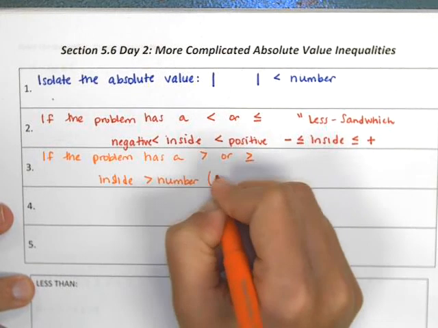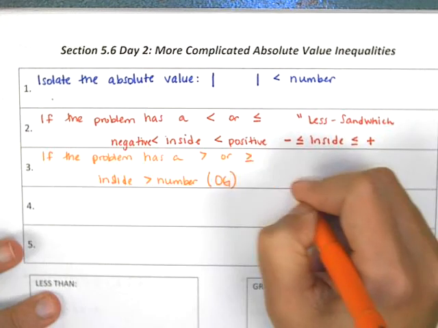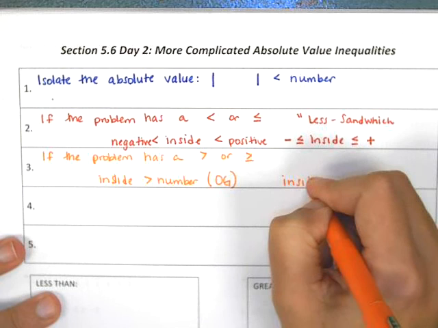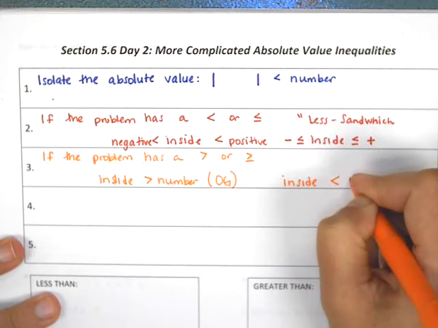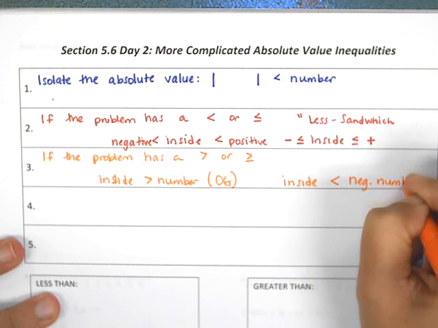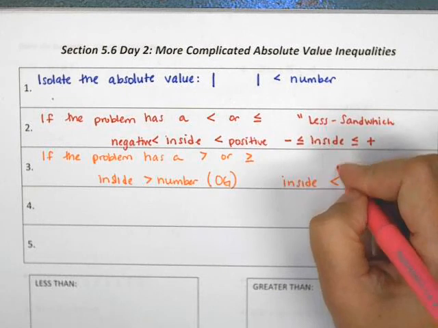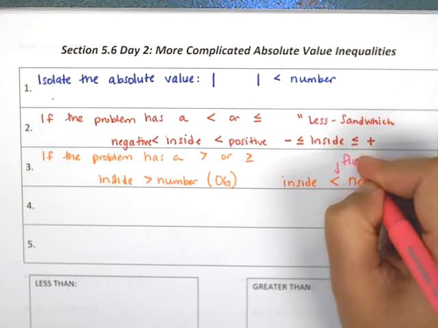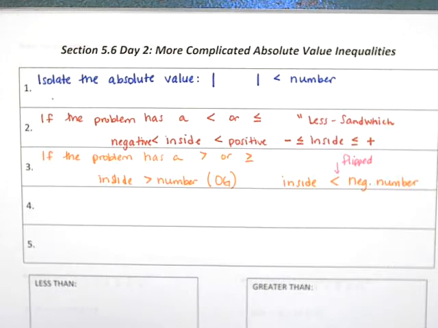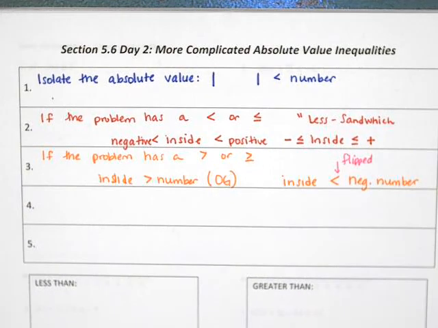This is going to look the same as the original. The second one will be the inside stuff and then less than the negative number. Now this symbol right here is always going to be flipped from the original symbol. So if it used to be a greater than, it'll be a less than. If it used to be a greater than or equal to, it would be a less than or equal to.